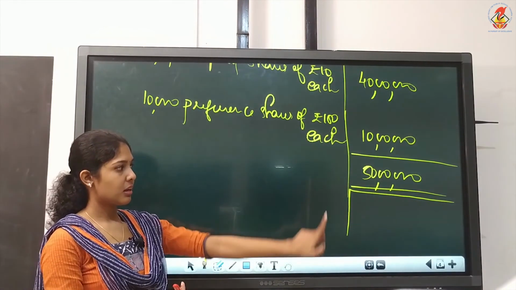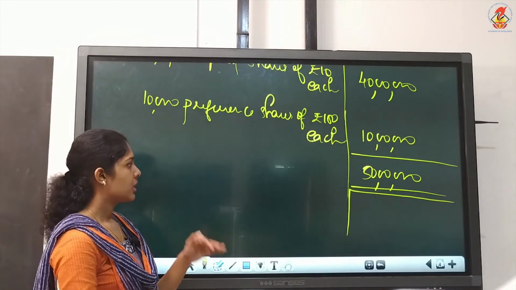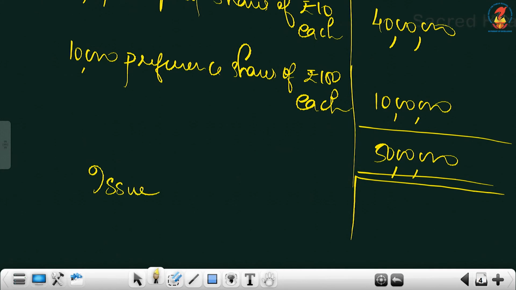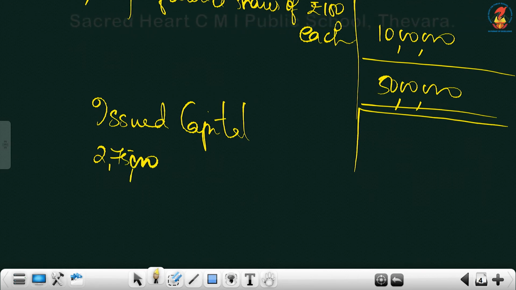Total it and double line that total. The next subhead is issued capital. Under issued capital, how many shares? Equity shares, it's 2,75,000 equity shares of rupees 10 each.